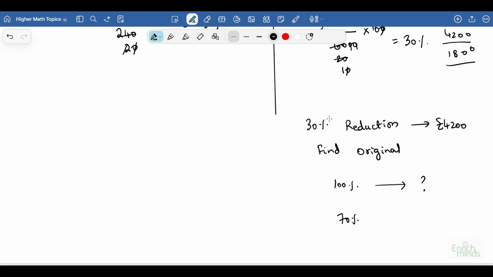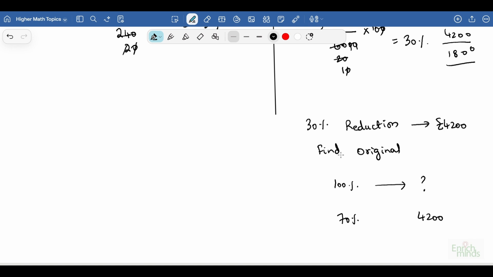So now the 70% is 4,200. After a reduction, 4,200 pounds represents 70% of the original value, because it has undergone a change of 30%. Right? So you have to understand this very clearly. The original value is out of 100, and this amount is after a reduction of 30%.